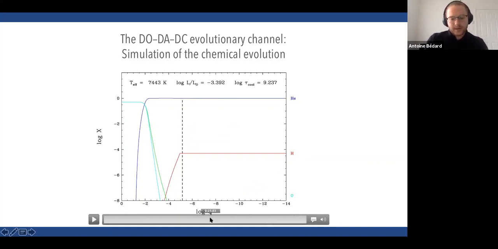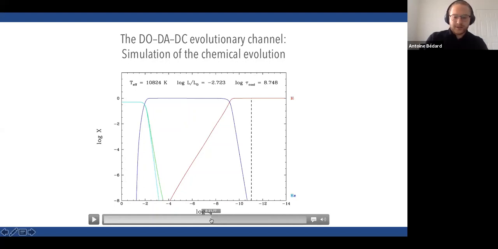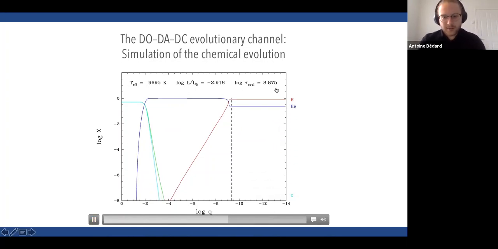But now I want to back up a little bit and show you the last part of the simulation one more time. This time I want you to focus on the effective temperature and the cooling age during the mixing process. You'll see that during the mixing, the cooling age remains essentially constant.